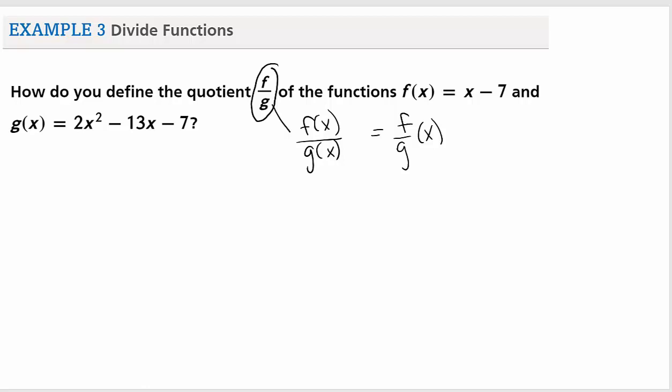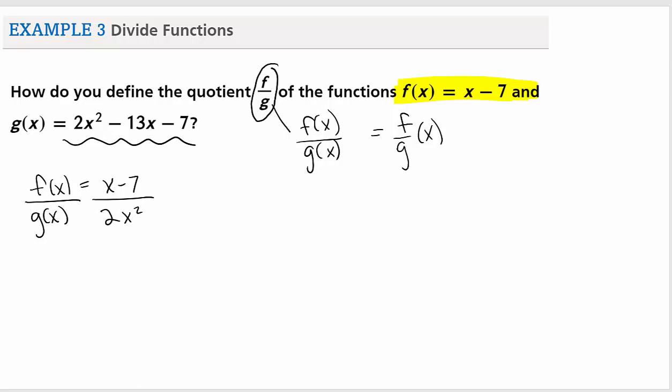So I'm going to start by taking that function of f and rewriting it. x minus 7 is in our numerator, and in our denominator we have that g function, which is 2x squared minus 13x minus 7. I'm going to try and simplify the denominator just to see if this will cancel any further.